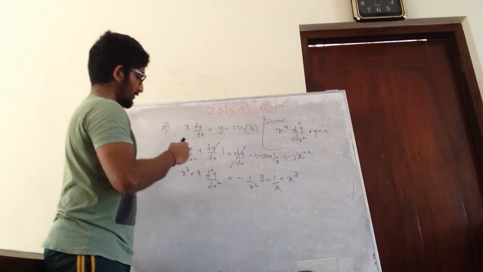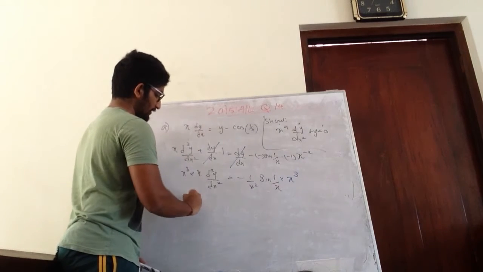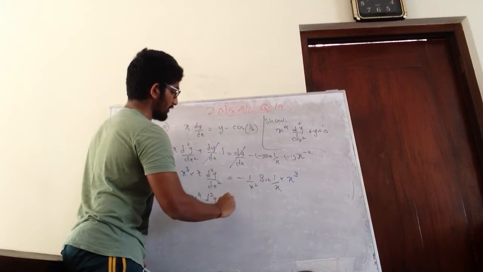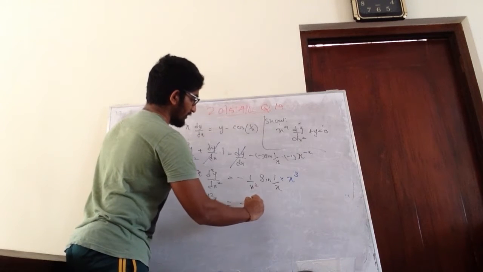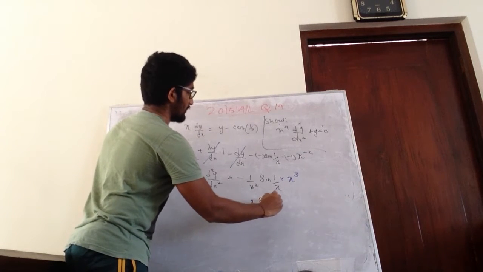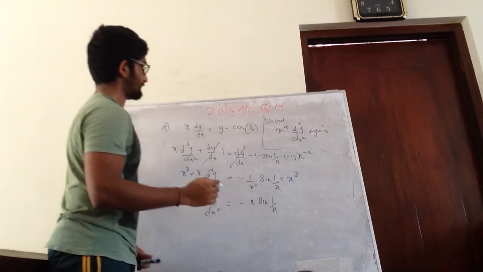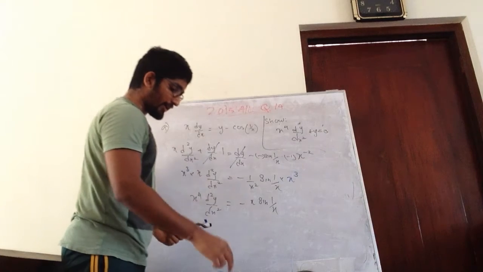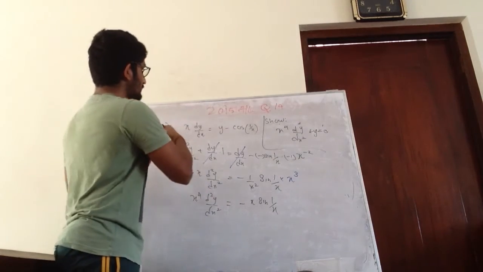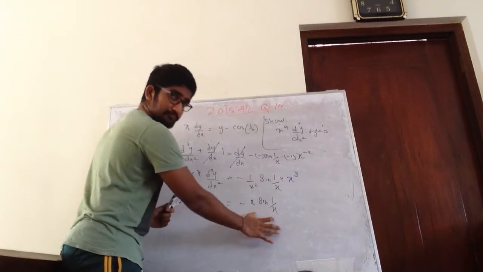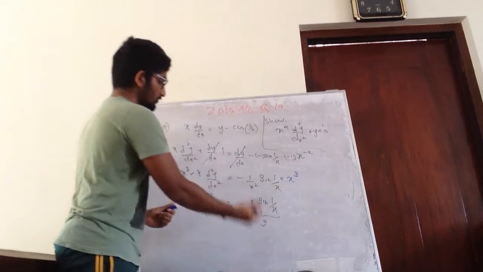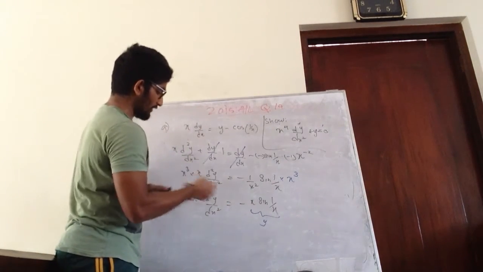So then I will get x to the power 4 d squared y over dx squared minus x sine 1 over x. Right now? So what was y now? Y was this one. This part is y. So if you take it here, you will get the answer.